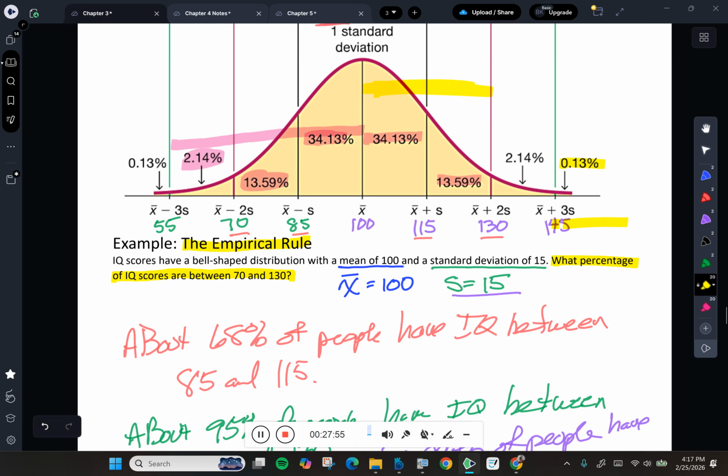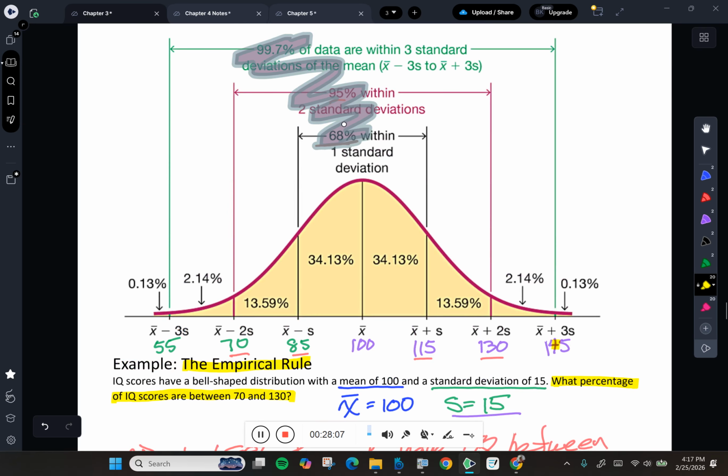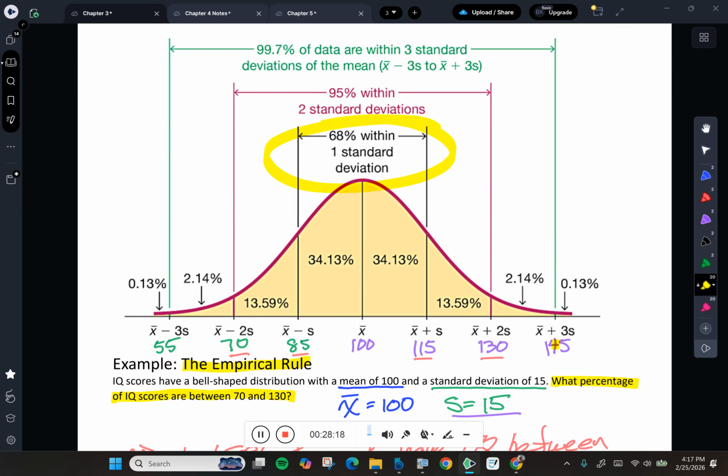Well, that's that 0.13. So I could rip this thing apart into whatever pieces I want. So while the rule is written to talk about symmetry, 3 below, 2 below, 1 below, to 1 above, 2 above, 3 above, that kind of business, this symmetry we can also use for non-symmetric representations as well.